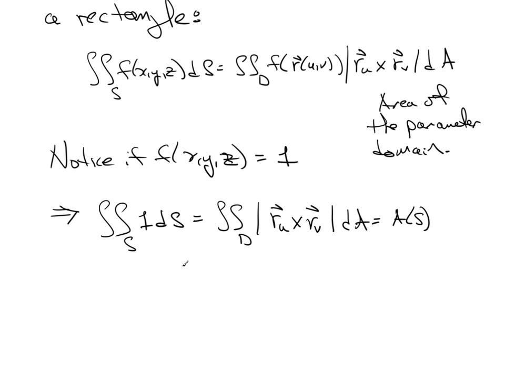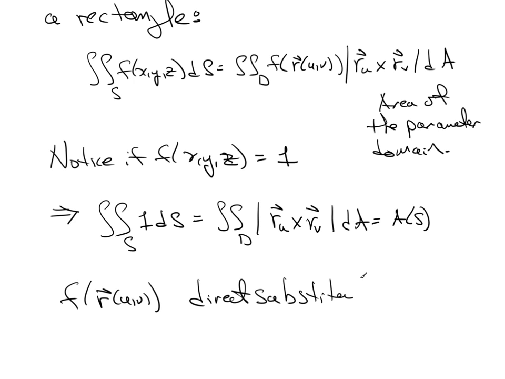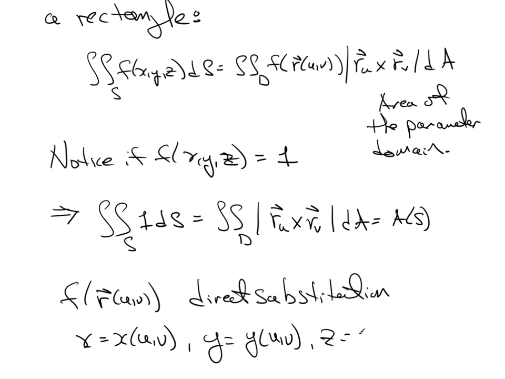Now also note, when evaluating this, don't forget that f(r(u, v)) is actually found by direct substitution. So you're going to take whatever function of u and v x is, whatever function of u and v y is, and of course whatever function of u and v z is.